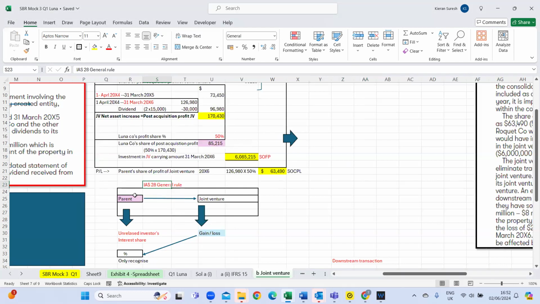Generally, when there is a joint venture agreement between a parent and a joint venture, and the joint venture company makes a gain or a loss, that gain or loss would be recognized in the parent's consolidated financial statements, but only up to the parent's investment percentage, that is, the parent's interest share. In this example, the percentage was only 50%.